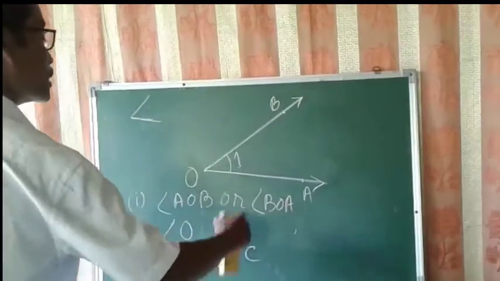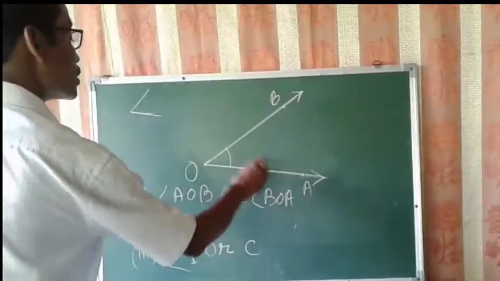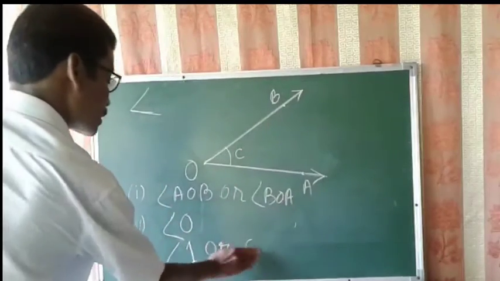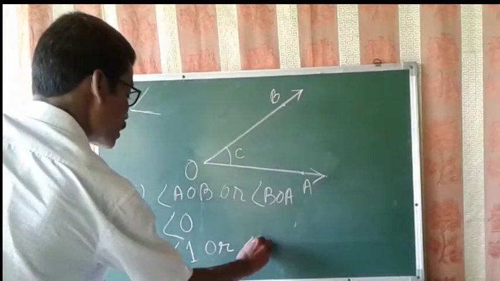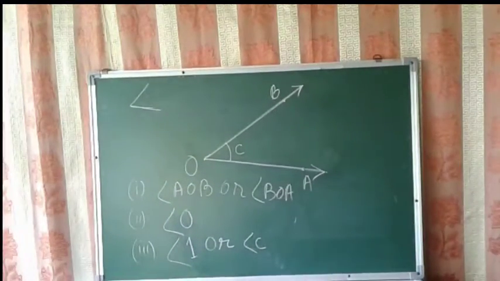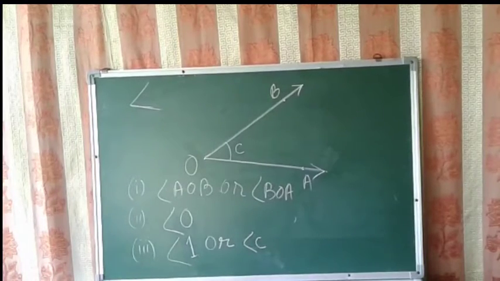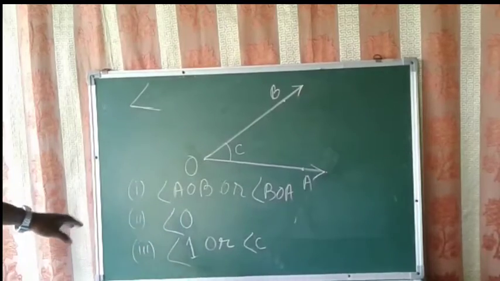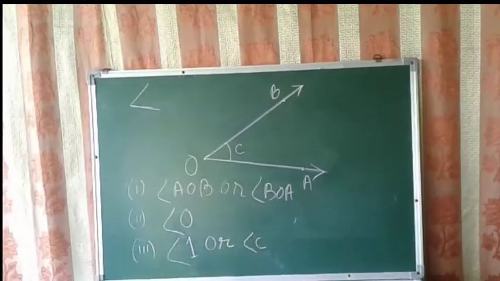Or this angle, its name is, suppose, small letter c. That's why this angle is known as angle c. So to name an angle, we use three methods: the three letters method, the single letter method, and the numerical or small letter method.